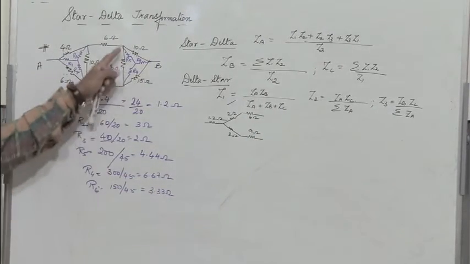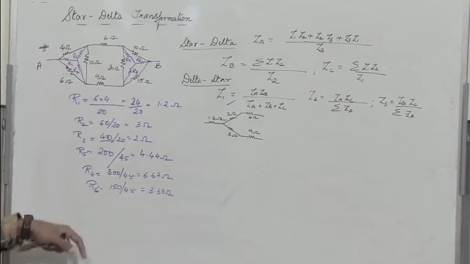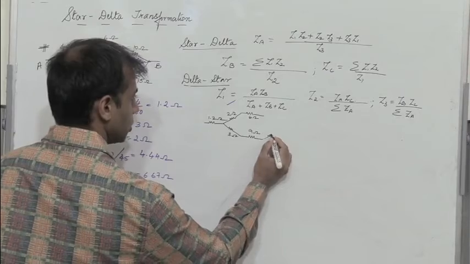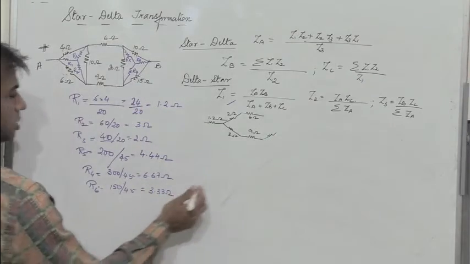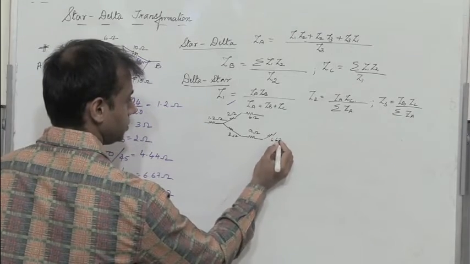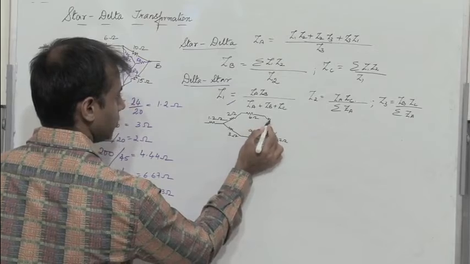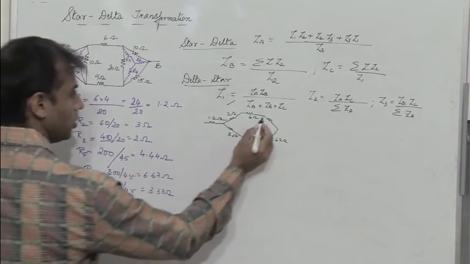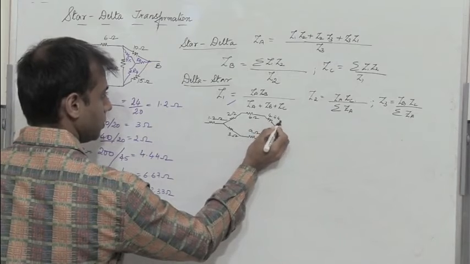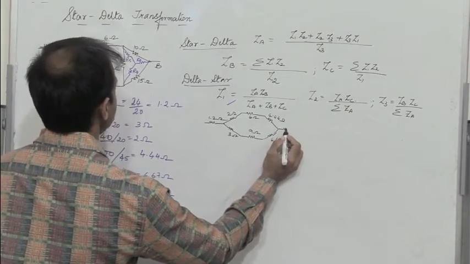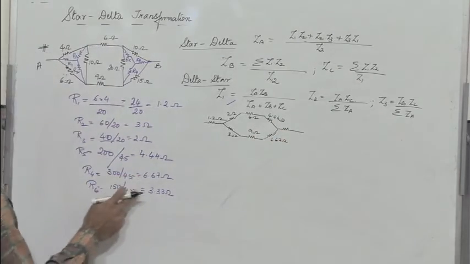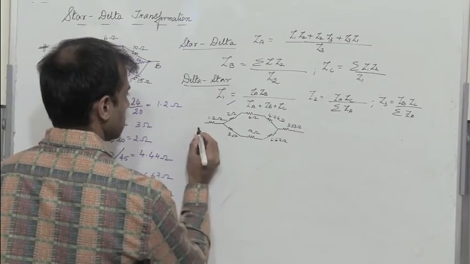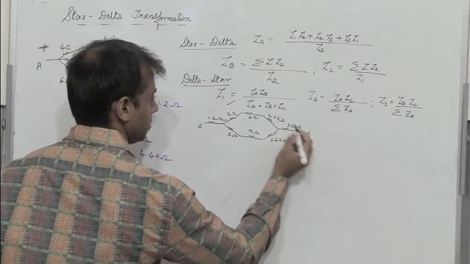Instead of the delta network, I have a star network with R4, which is 6.67 ohms, R5, which is 4.44 ohms, and R6, which is 3.33 ohms. This is A and this is B.